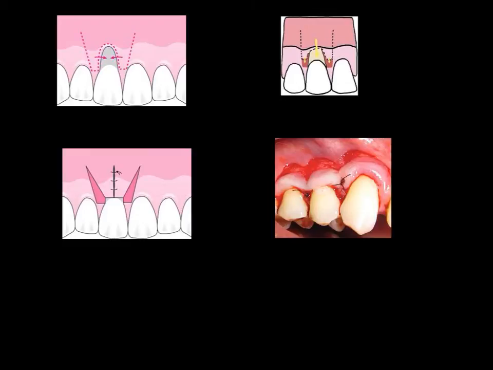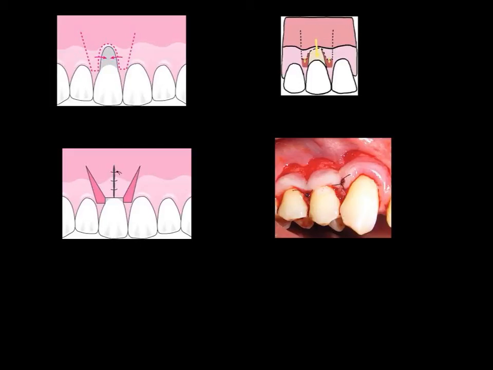Secondly, let's talk about the clinical technique for the double papillary flap or rotational flap. This is the double papillary technique. In this technique, the width of the recession defect should be measured initially to ensure that there's a sufficient width of tissue available for the two adjacent papillae to allow a full coverage of the exposed root surfaces.